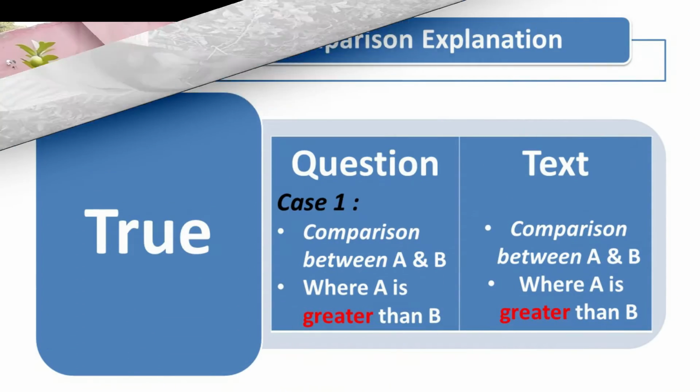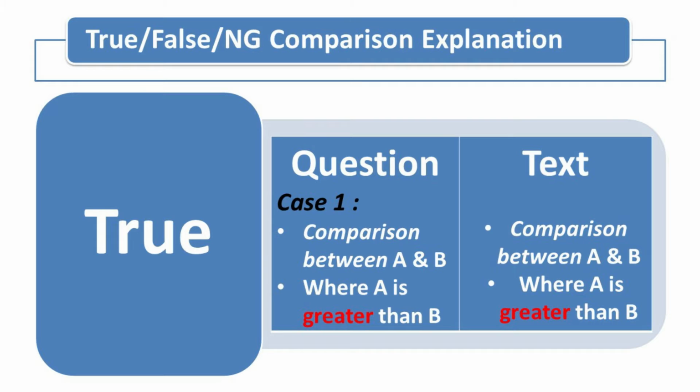Now, it's time to understand the differences between true, false, and not given when we have a comparison. In case 1, when you read the question, you find two items in the question.